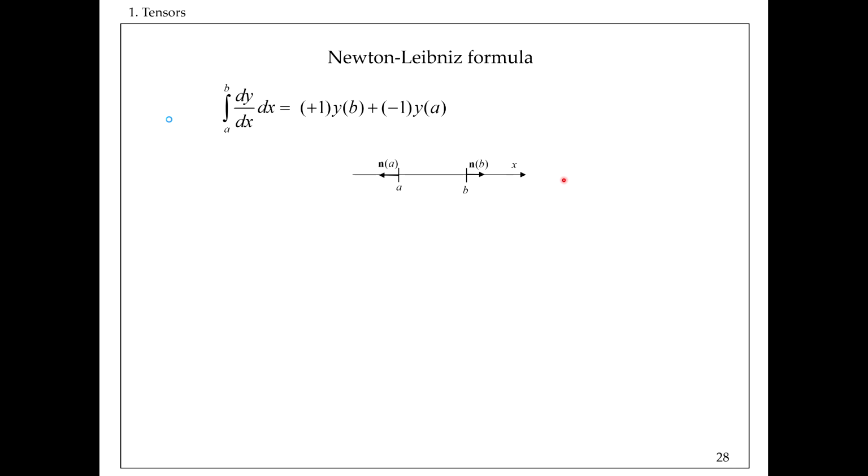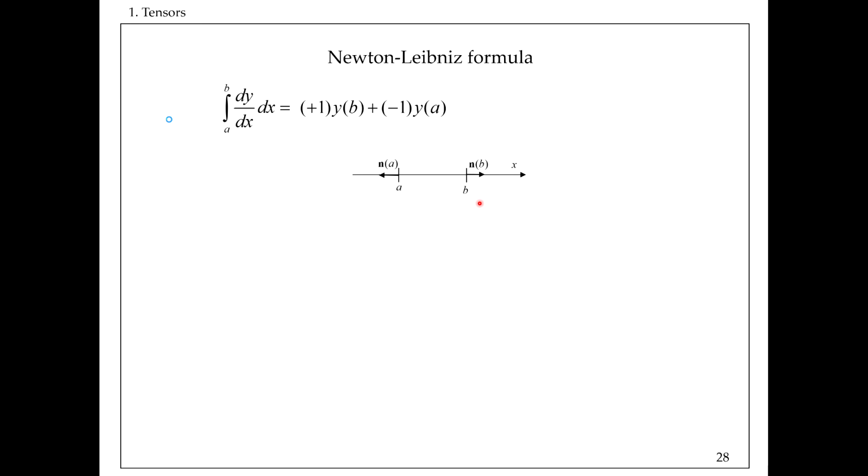So these are our one-dimensional case. This is coordinate x, and there's apparently some function y that changes with x. We don't specify what it is. Now we have these two points, point A and point B, and in this one-dimensional case we can define our normal vector. At A it will be negative, pointing outside, and at B it will be positive, in the direction of x.